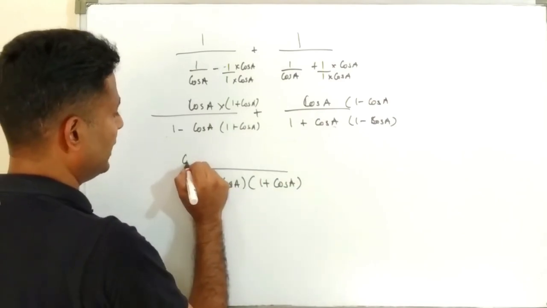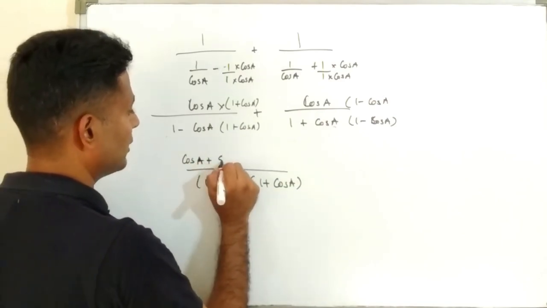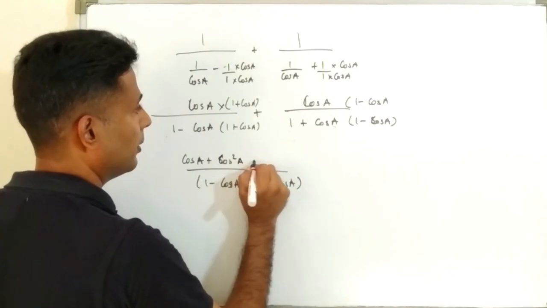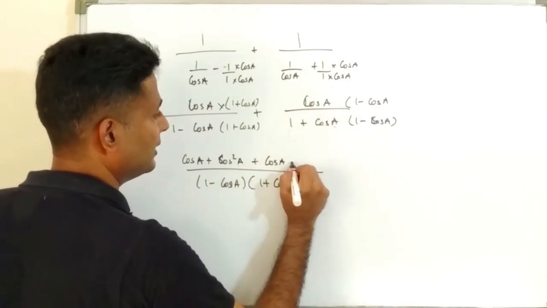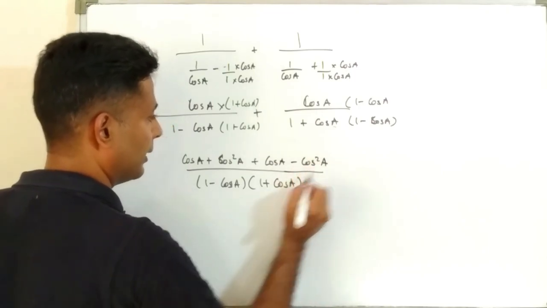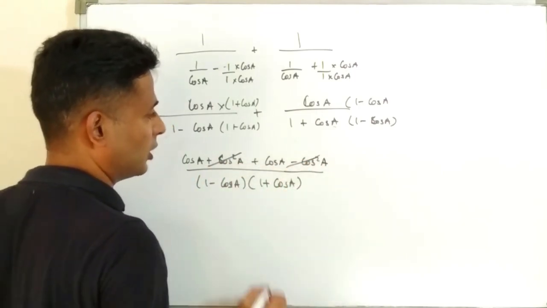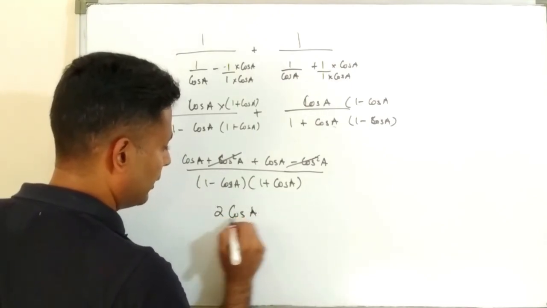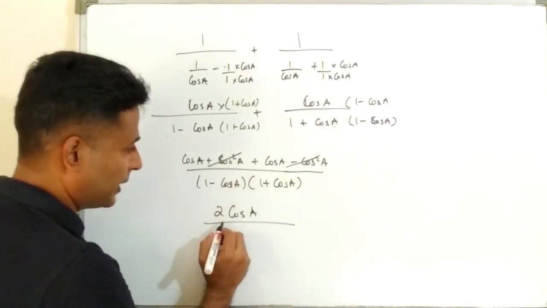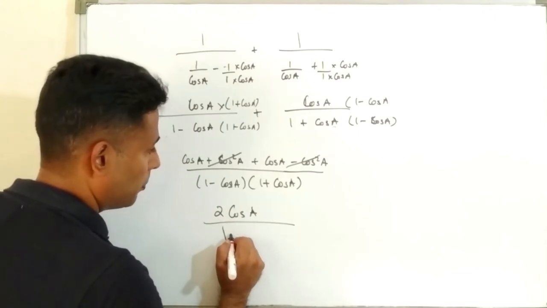So what do I get? Cos a into 1 plus cos a, cos a plus cos square a, plus cos a into 1 minus cos a, cos a minus cos square a. So plus cos square a and minus cos square a cancel. I get cos a plus cos a, 2 cos a, by a minus b into a plus b, a square minus b square.